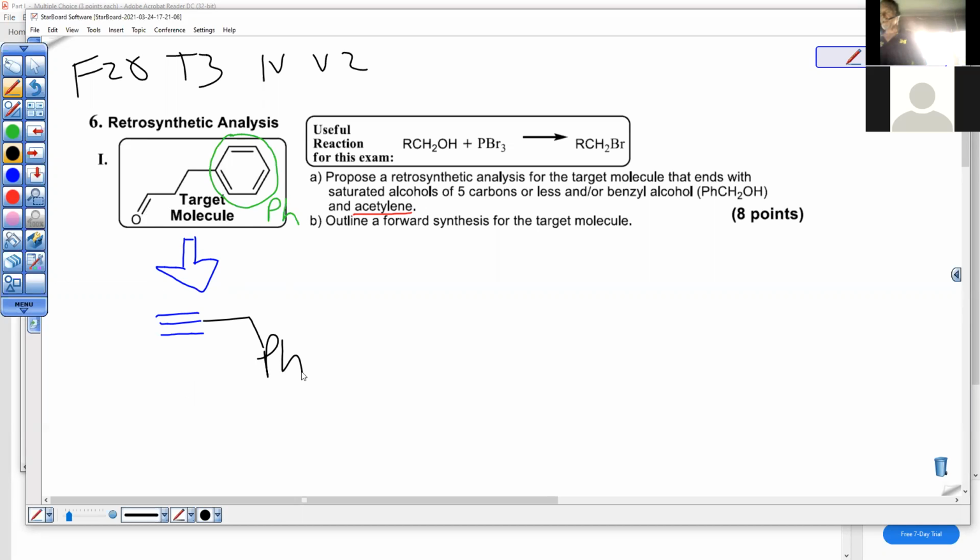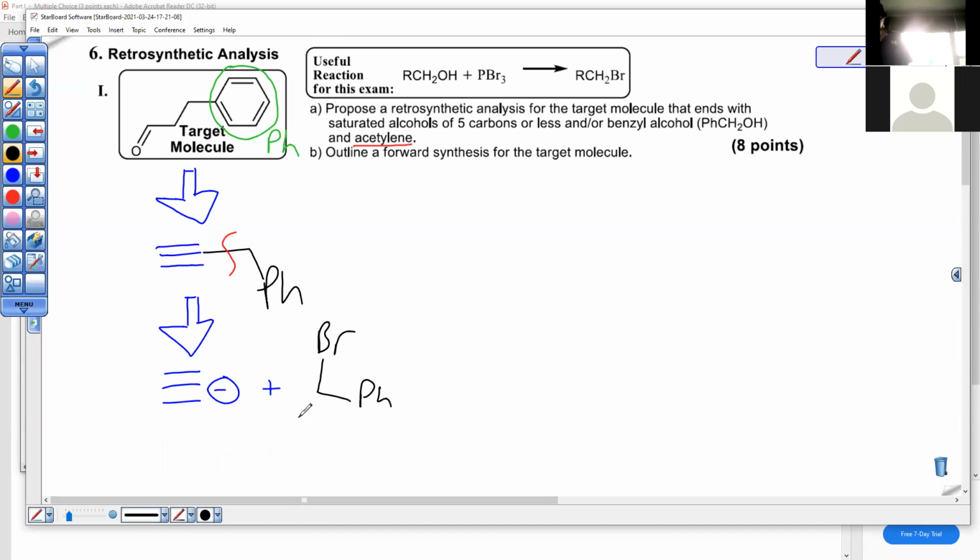Okay. Now it's time to think about synthesis. How did you make this molecule from smaller molecules? You know how to put an alkyne acetylene portion attached to an adjacent carbon as long as the nucleophile is acetylide with an anion and the electrophile has a leaving group, such as, and strongly suggested given the information above, BrCH2 phenyl.